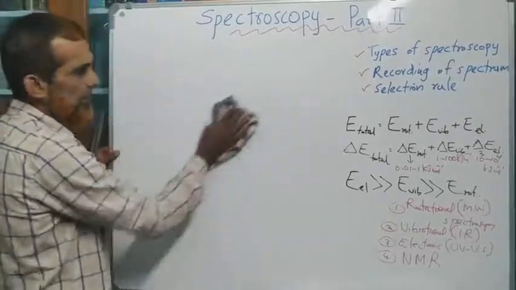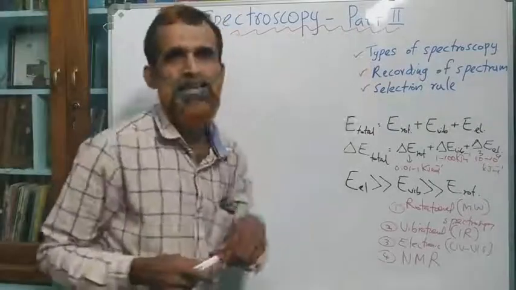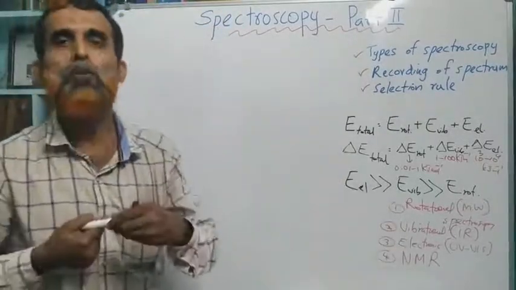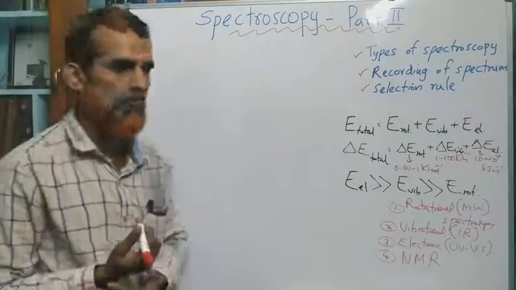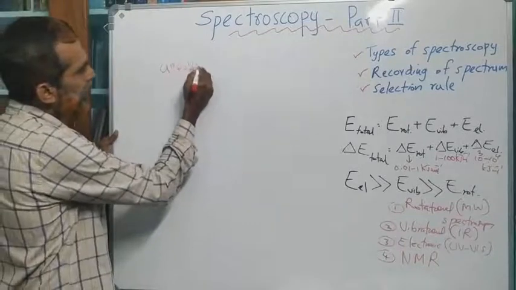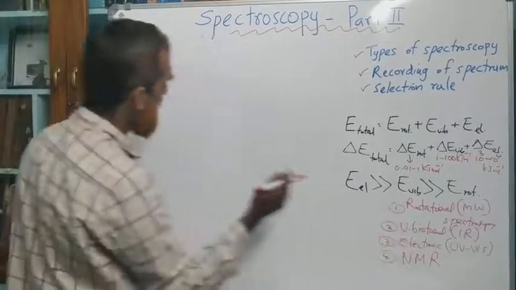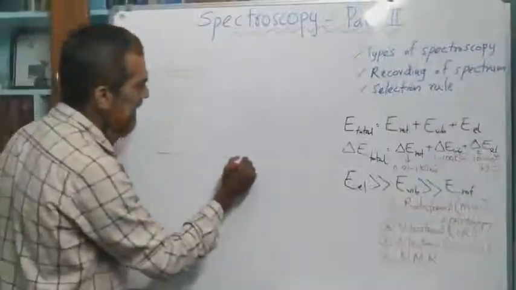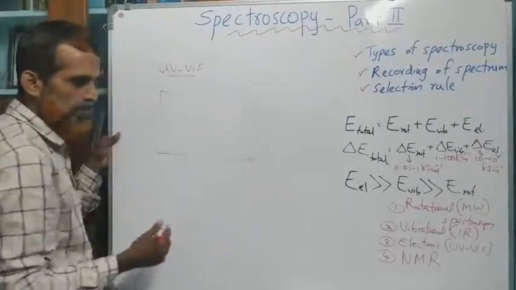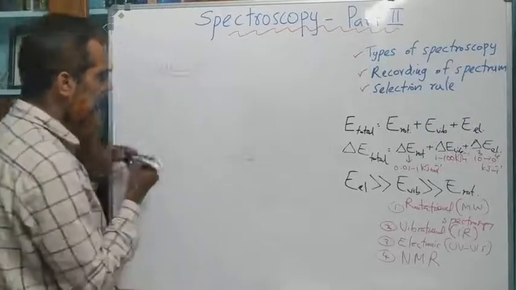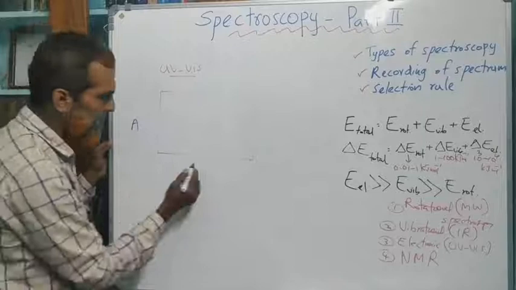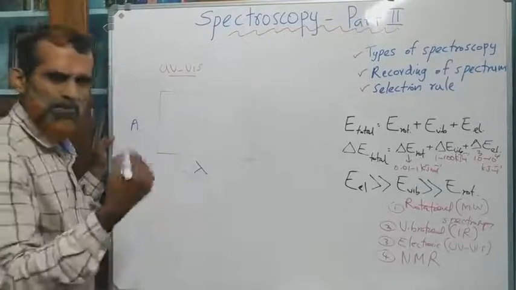Finally, how do we record the spectrum? In different spectroscopic techniques, the spectrum is plotted in different ways. For example, in UV-visible or electronic spectroscopy, the spectrum is plotted between absorbance, or sometimes intensity, versus lambda for convenience.